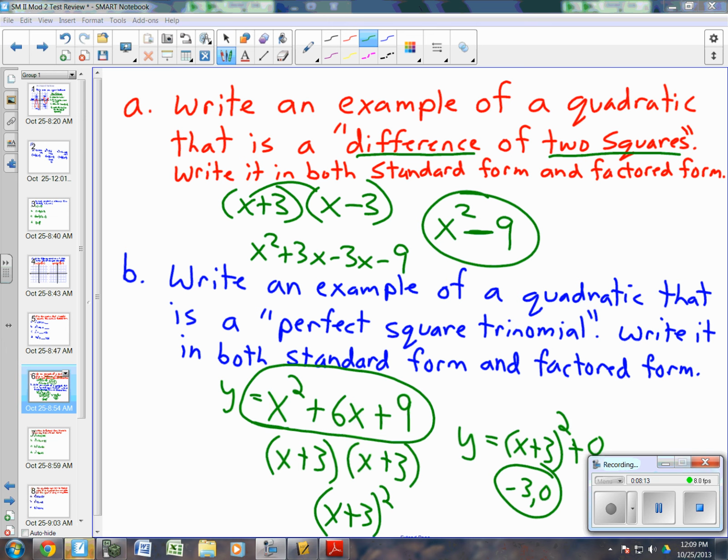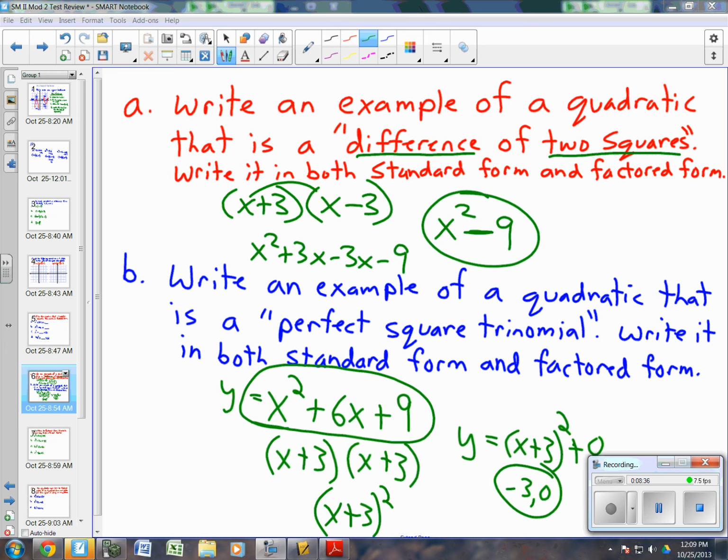Yeah. X squared is a perfect square, isn't it? What's the square root of x squared? X. And what's the square root of 9? 3. Those are perfect squares. So a difference of two squares means that the first number is a perfect square, the second number is a perfect square, and there's a minus sign in between them. And they always factor to be the same factors except the signs are going to be different.